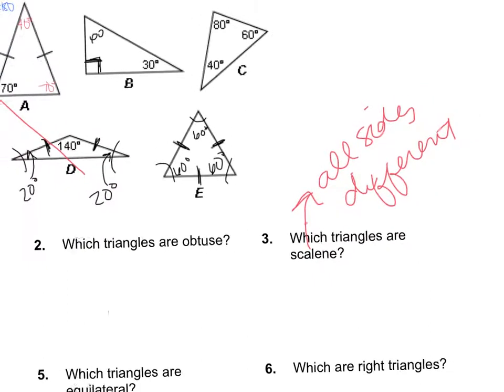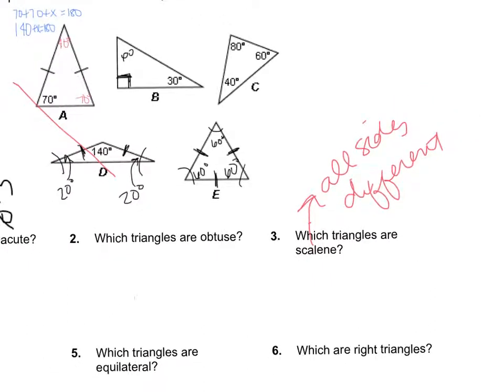And again, you don't need to know that for this quiz, and it's going to come up later on. But again, if all the sides are different, that means all the angles are different. So we can look at this, and B has all different angles, so B would be a scalene triangle. C, all the angles are different, so that would be scalene, and that would be the only two.